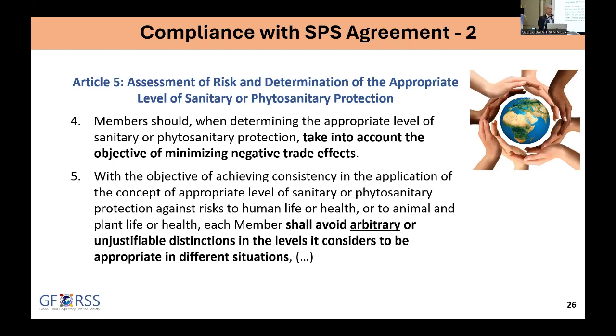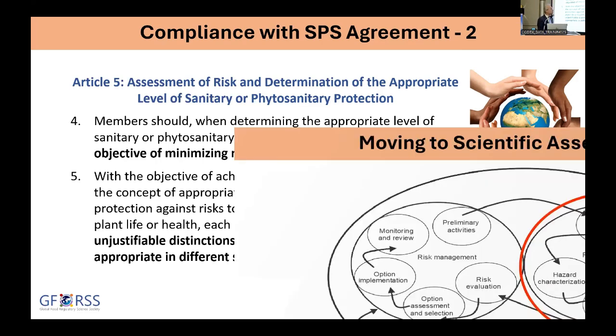And finally, we're calling on countries to avoid any arbitrary decisions that may be unjustified. So again, arbitrary decisions are those not supported by a food risk assessment when it comes to decisions related to food safety or nutrition.